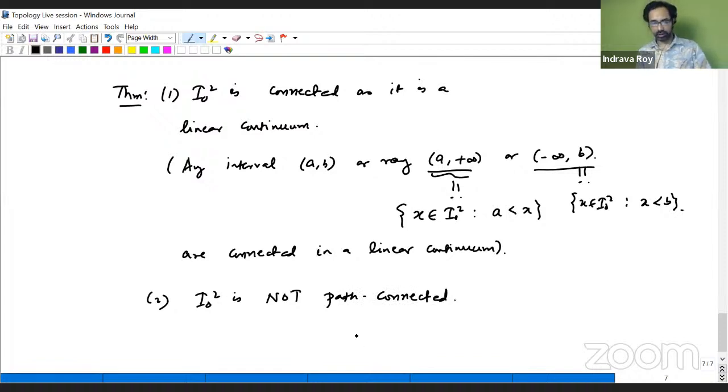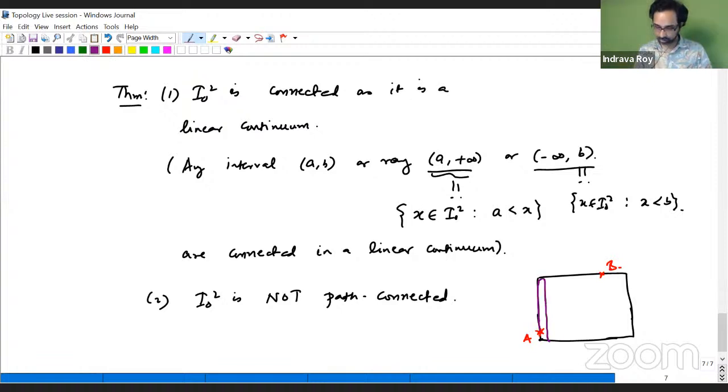I think I proved this in one of the lectures, and the intermediate value theorem was used to show that if you have any path between any 2 points, let's say a point here and a point here, then any path that has to go like this must fill out the whole thing.